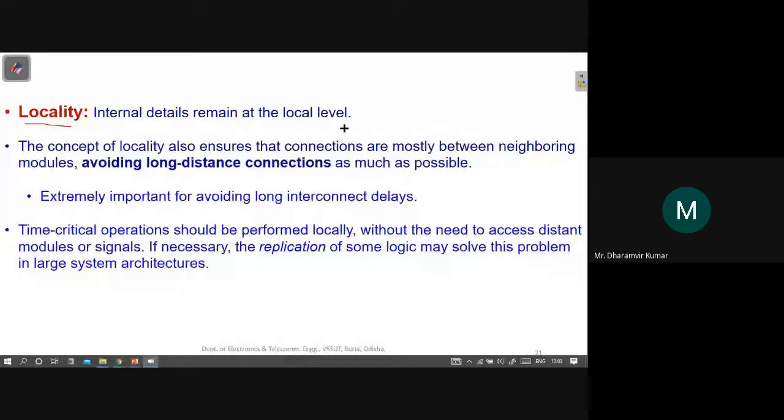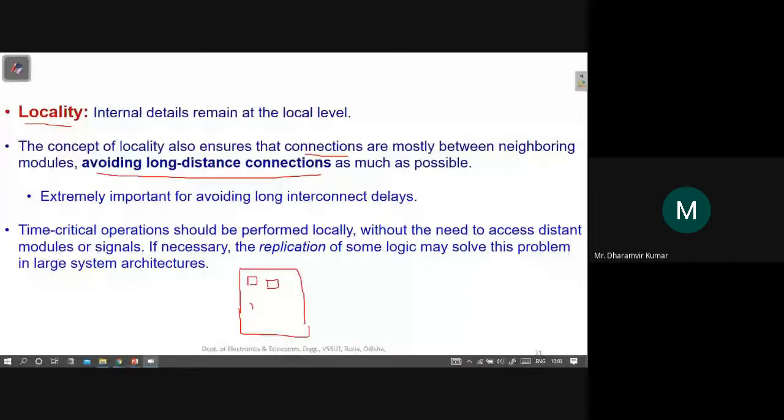It ultimately tells us that when we make connections between different modules, we should try to place the components near each other, in the sense that we should avoid long-distance connections. Look at, for example, if we have a chip like this and it is full of different blocks.